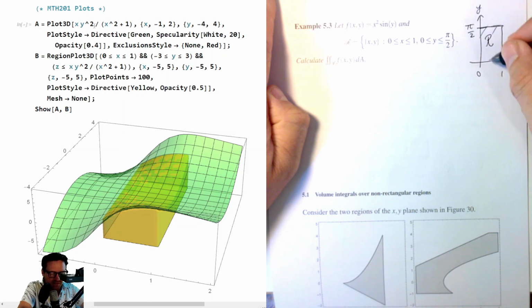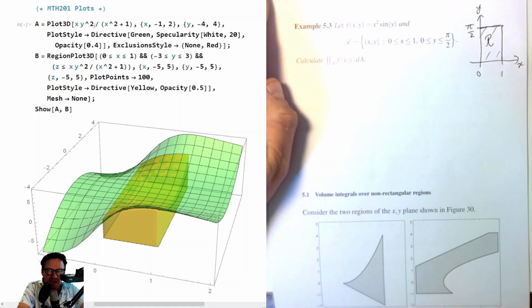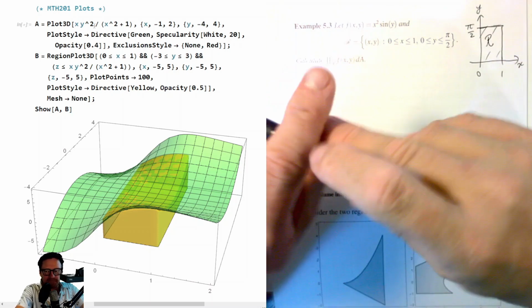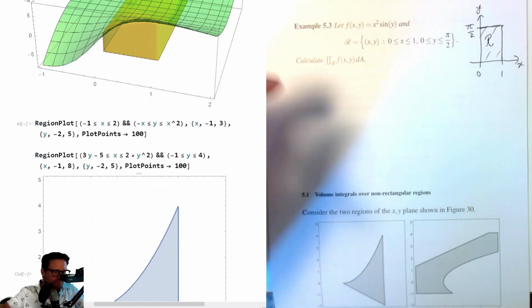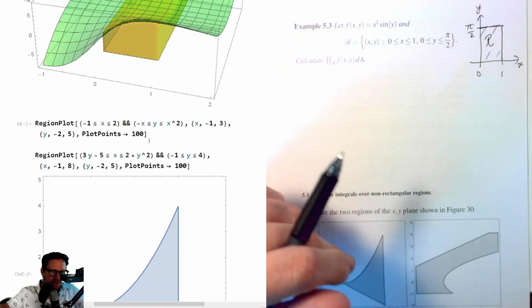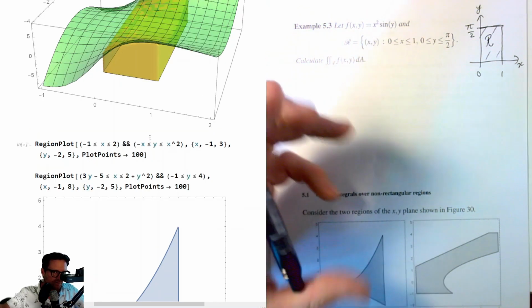Okay, so here is our region. And then our surface above that we're calculating a volume of is the surface x squared sine y. Now I don't know if I have that plotted below just like this. Not quite. I have what's underneath that on the page here. Okay, but this is a rectangular region.